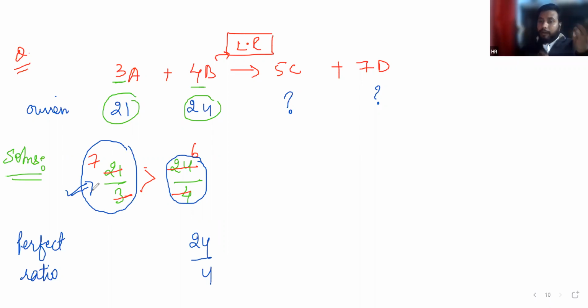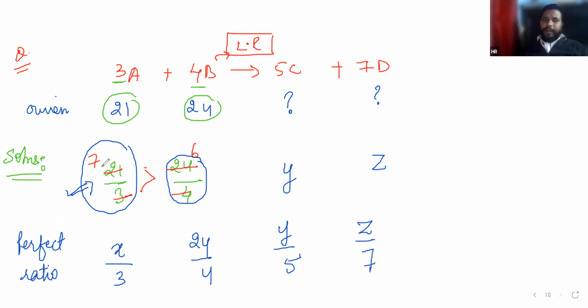So I will take X upon 3, and I am taking Y moles of C formed and Z moles of D formed. So the ratios will be Y by 5 and Z by 7. Why have I taken X instead of 21? Because we don't know exactly how much reactant from the excess is reacting.